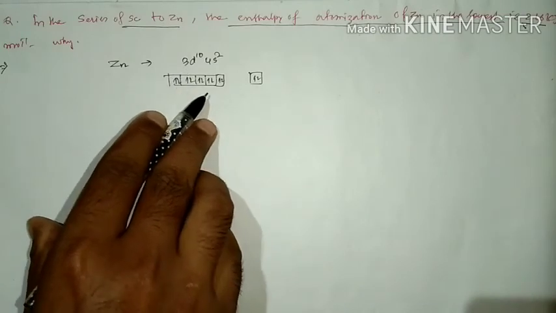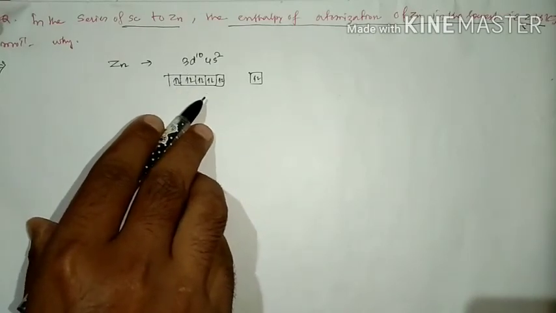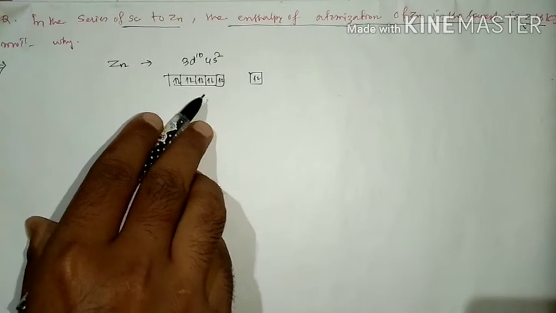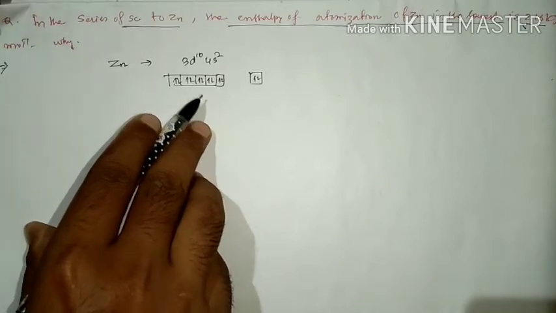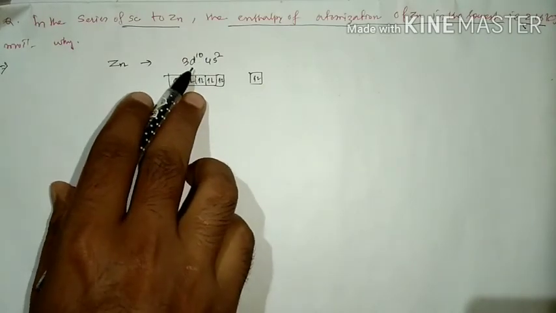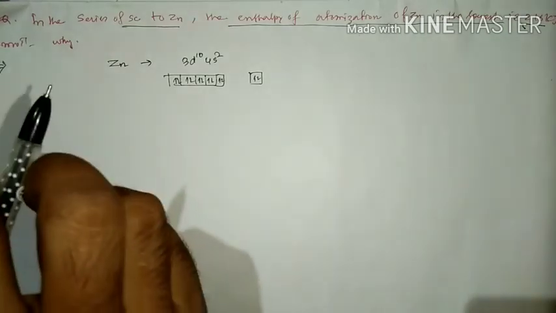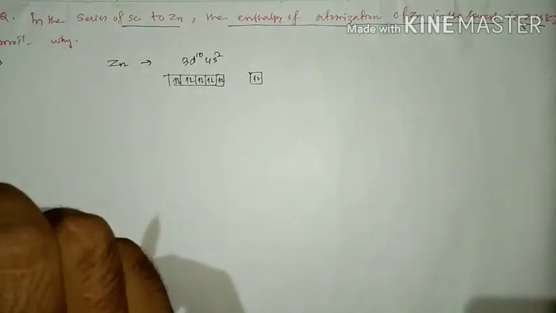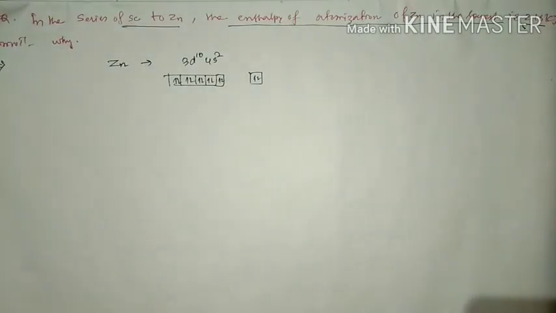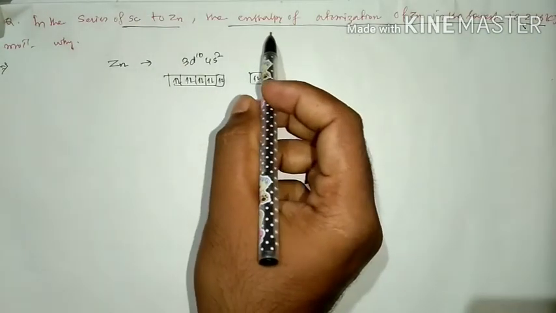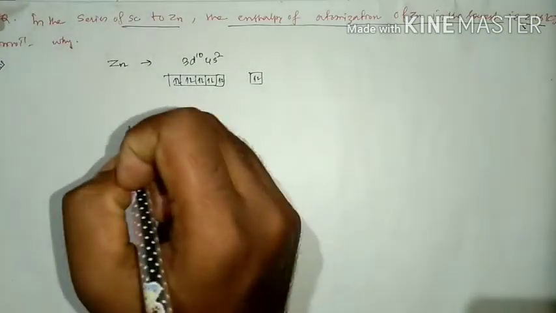If there is no unpaired electron in the d orbital, then how can they overlap with the d orbital of another zinc? So due to the unavailability of unpaired electrons in the d orbital, the dd overlapping cannot take place in zinc metals. In zinc metals, not metal, remember, more than one metal, okay, metals. That's why, due to the lack of dd overlapping, the enthalpy of atomization is very low.